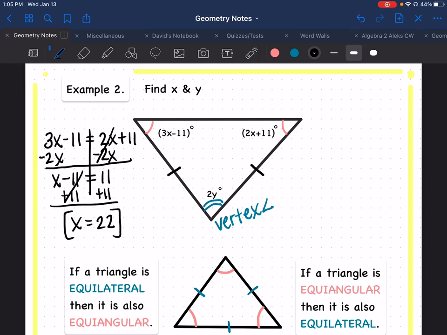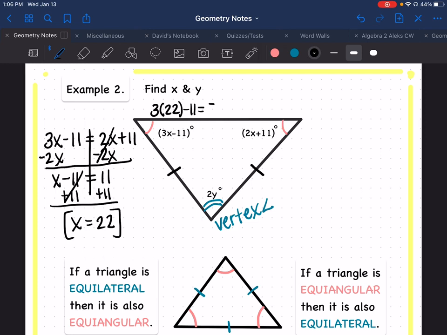Now, to find the vertex angle, I have to use my triangle sum theorem, which means that the three angles in my triangle, the two peach and the green, need to add up to 180 degrees. So the first thing I'm going to do is plug my 22 into my picture. 3 times 22 minus 11 equals what?